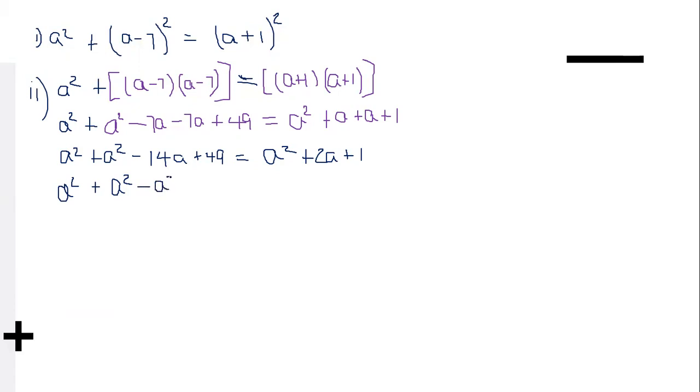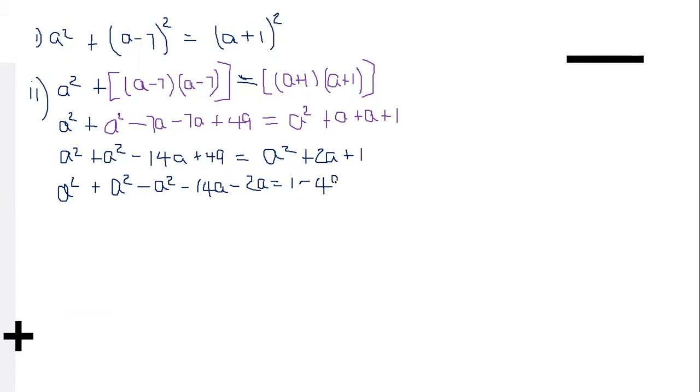Remember, every mark will count. Minus 14A, keep it over on this side. Carry over the plus 2A. It crosses the equal sign and now becomes minus 2A. Then bring over this plus 49 as a constant, it'll now become minus 49.